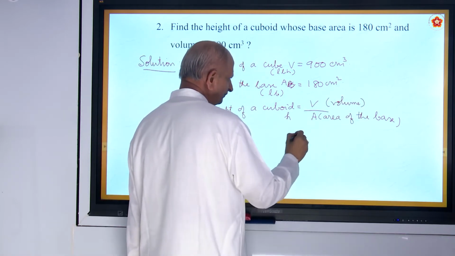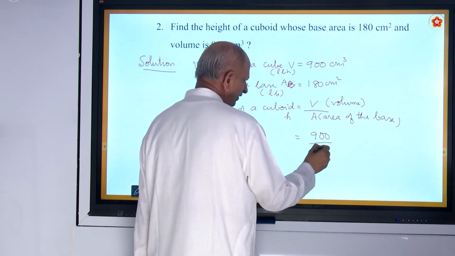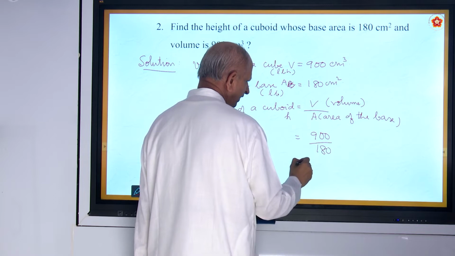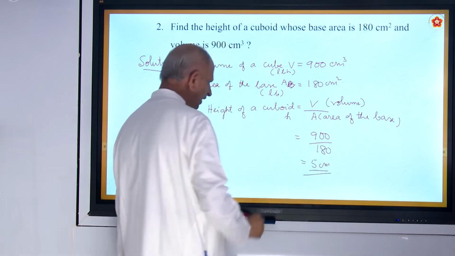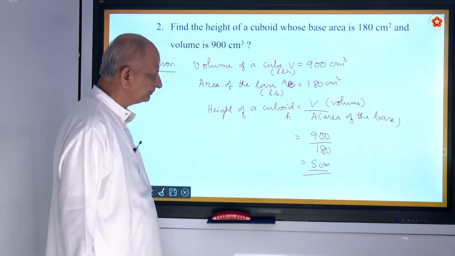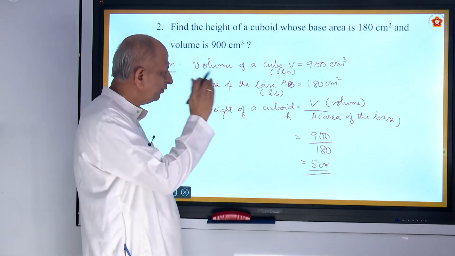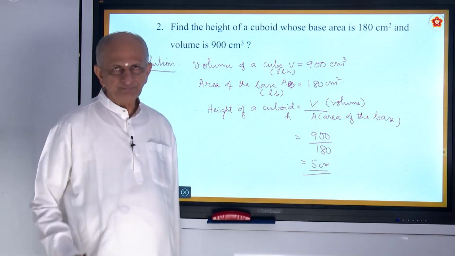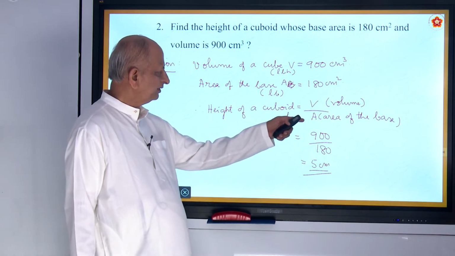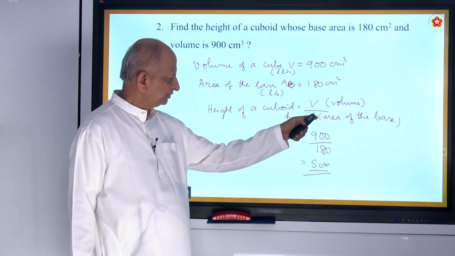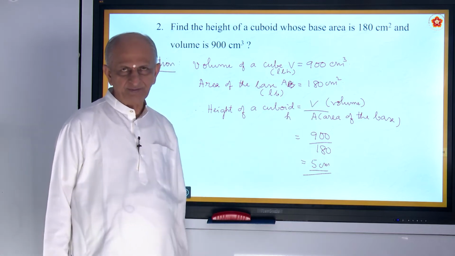Volume by area. What is volume given? 900. What is area given? 180. So height is 5 centimeters. That's all. Very simple. Divide the volume by the area. You get the height. Because LB is given, LBH is given. LBH by LB becomes 5 centimeters.